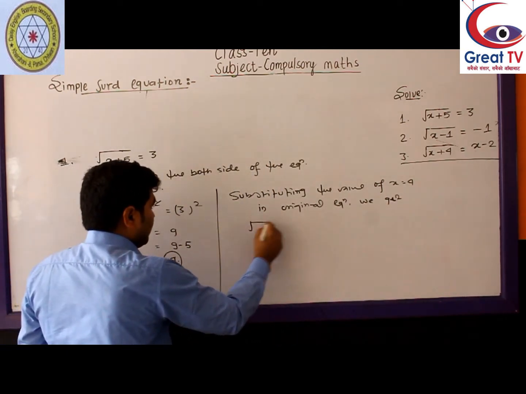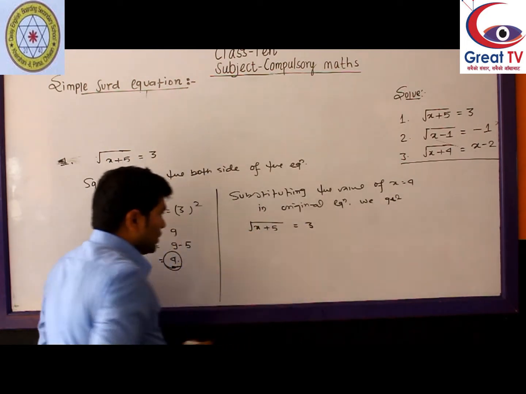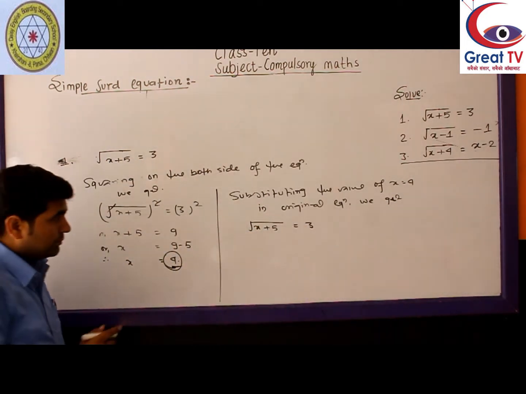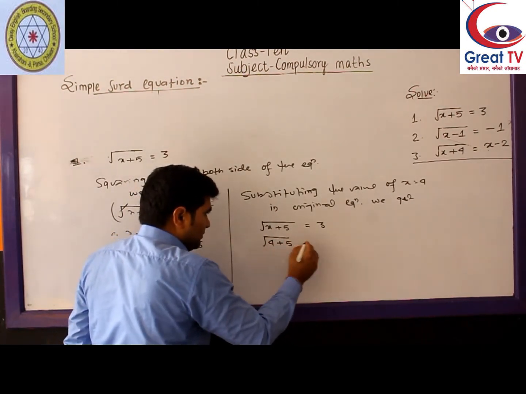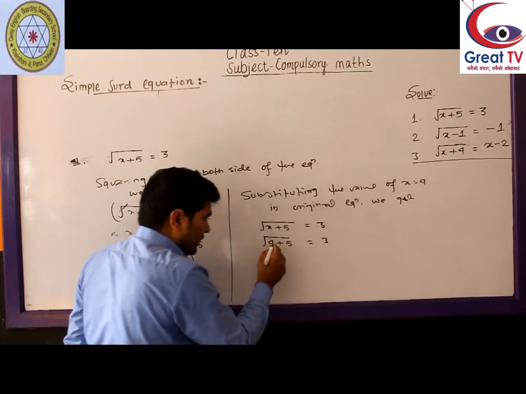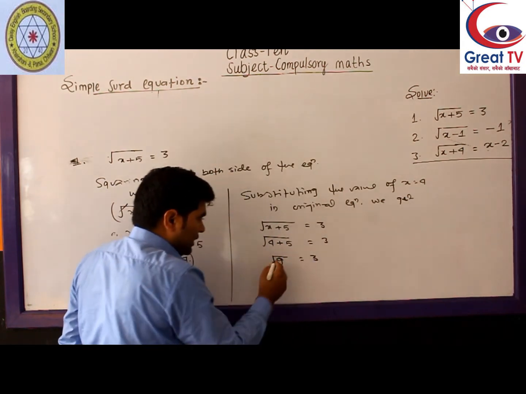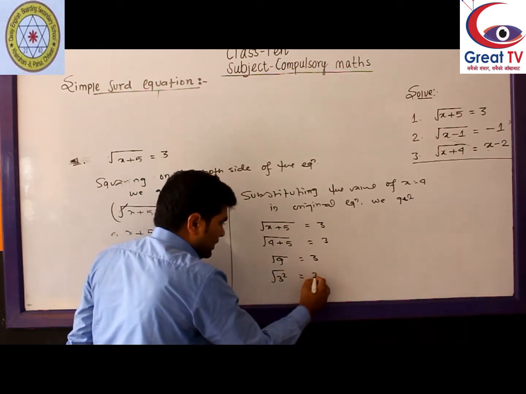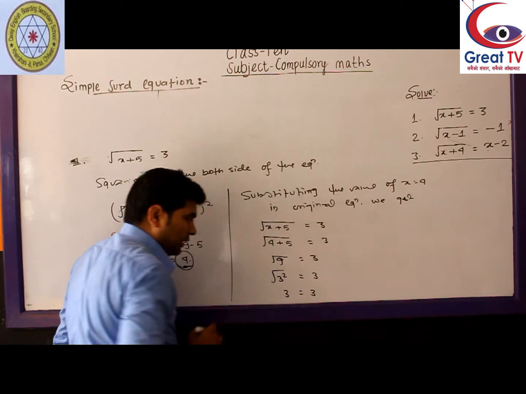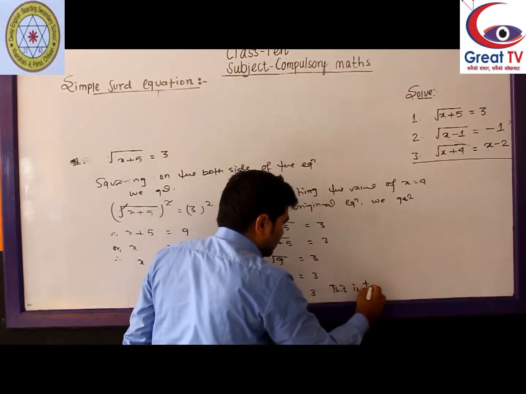we get root under x plus 5 equal to 3. Now put the value of x equal to 4. Root under 4 plus 5 equal to 3. Root under 9 equal to 3. Root under 9 is 3, so 3 equal to 3. This is true.